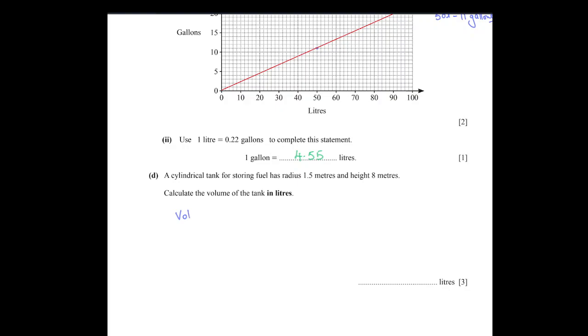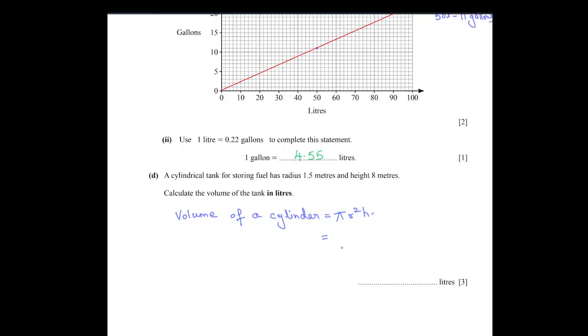So the volume of a cylinder is pi r square h. We know r here is 1.5 meters, and height is 8 meters.